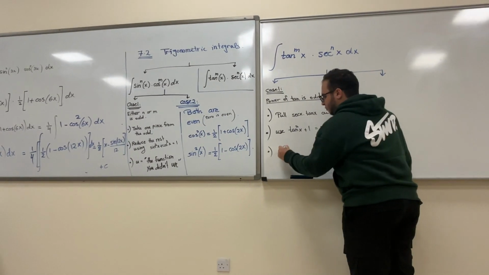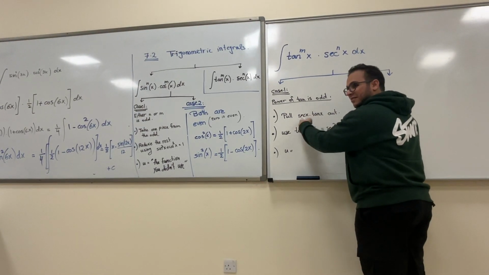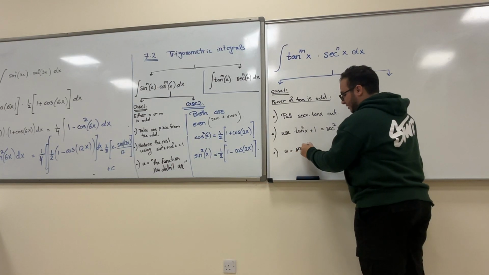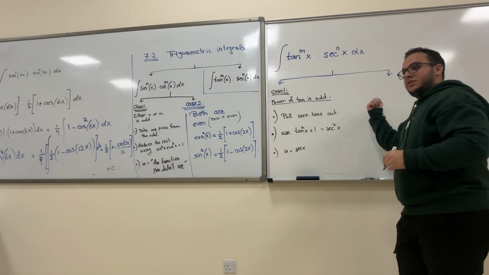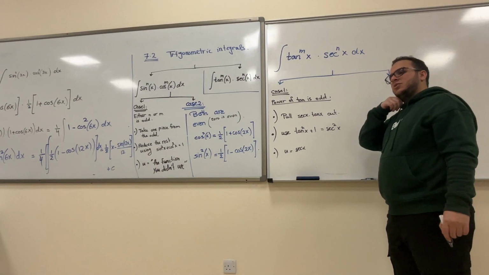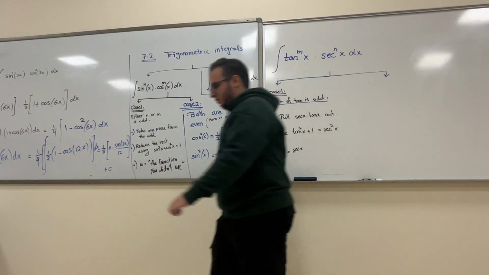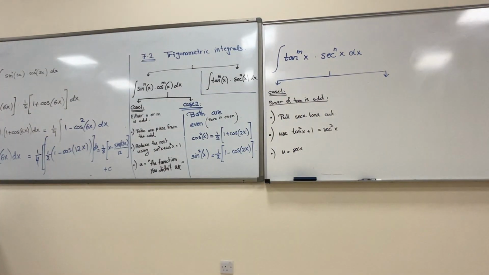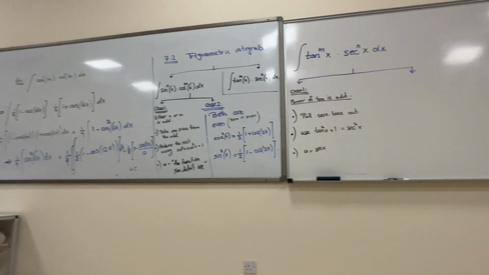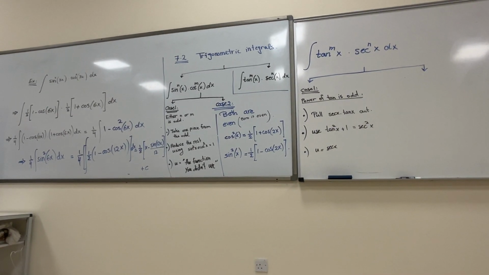And then what's the substitution? u equals secant x. Sometimes it can be tan x, but that's the other case. These are case by case questions.